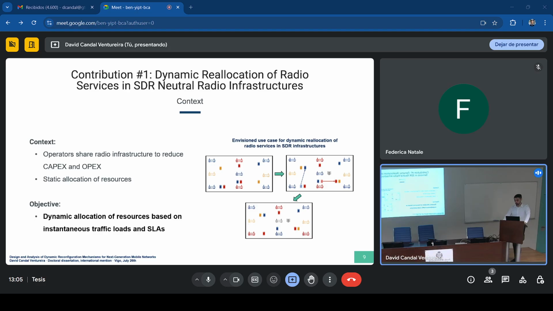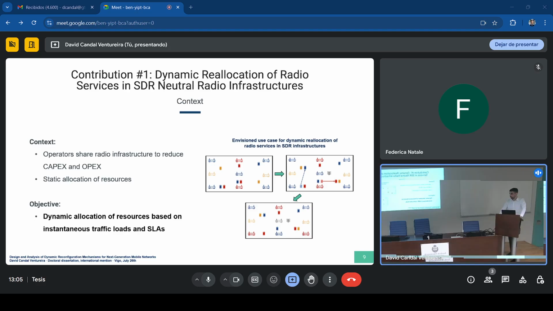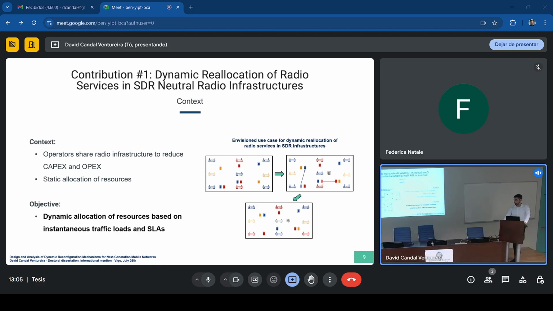And if it's probable that the user can move, then the probability of the algorithm to request the relocation of a radio just to attend that user will be lower.